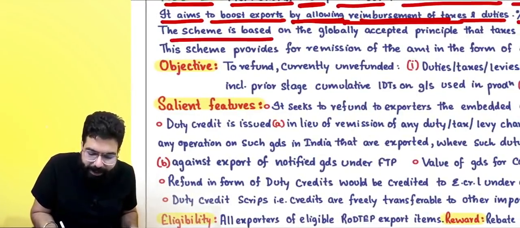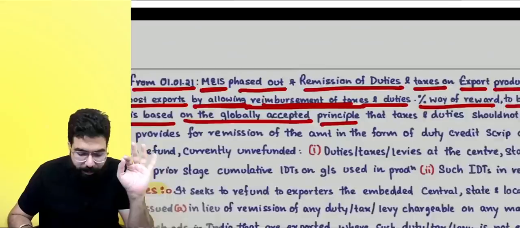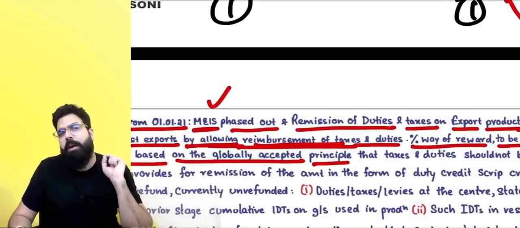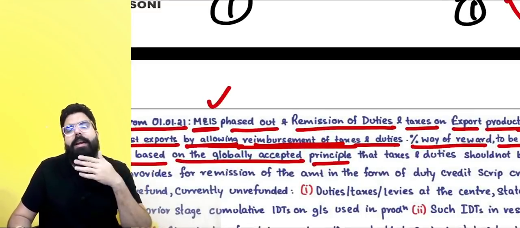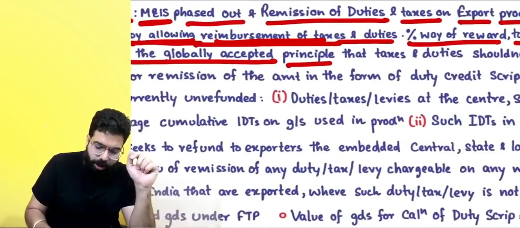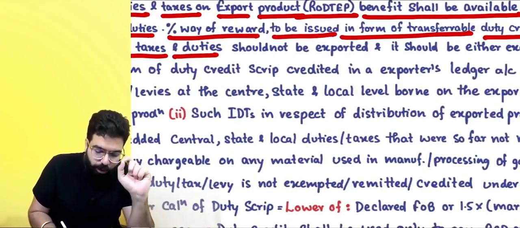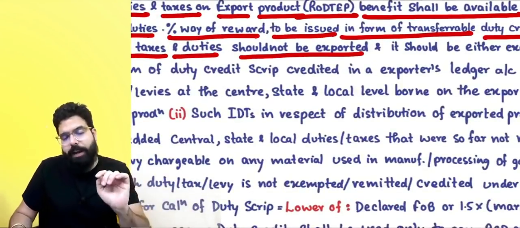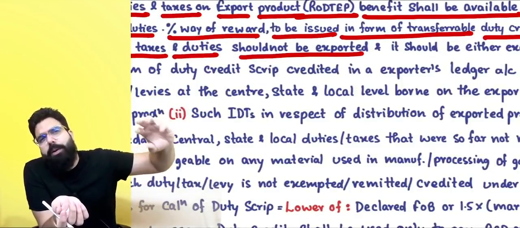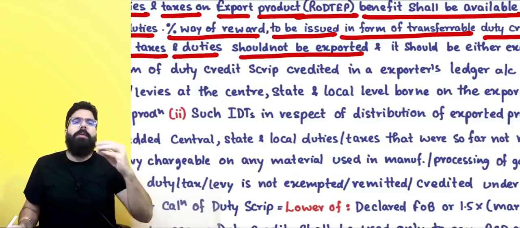The scheme is based on a globally accepted principle. The MEIS scheme which is deleted actually had some problem. It was not acceptable globally, and hence they introduced RODTEP. It is based on the globally accepted principle that duties and taxes should not be exported, and hence the government is telling, one person exports, whatever taxes and duties are there on the goods, we give it to them, or we give an exemption.